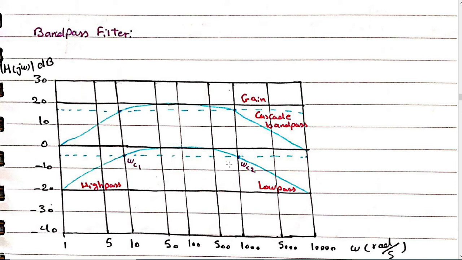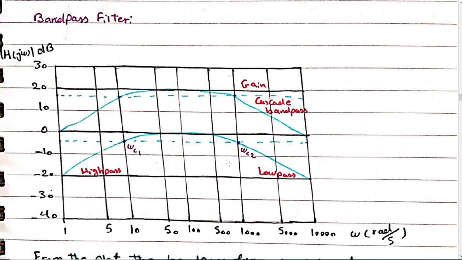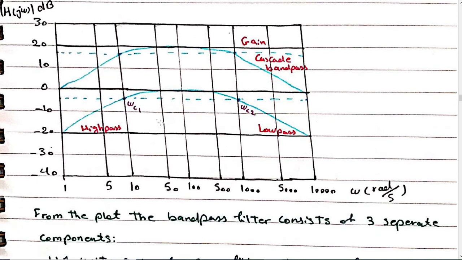How to construct a circuit for a band pass filter using an op-amp. For a band pass filter, we have two cutoff frequencies, omega C1 and omega C2.